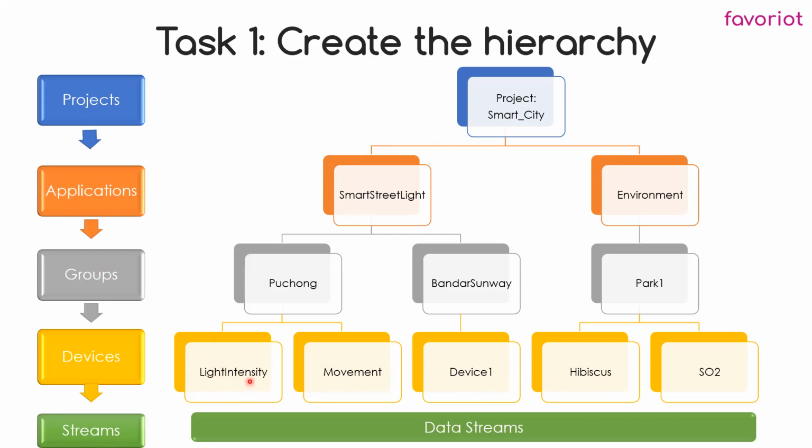For example, light intensity goes to Puchong, movement device goes to Puchong. Okay. So the device type and sensor type, you can give any name. It's not compulsory. You can provide Arduino device, or you can put Intel device or something. This is just dummy data. It's not compulsory, but any name that you can provide.